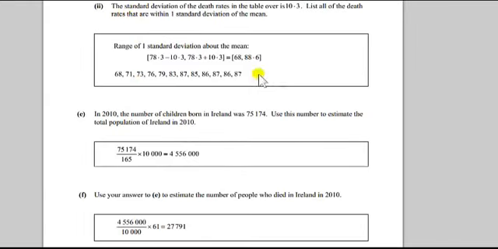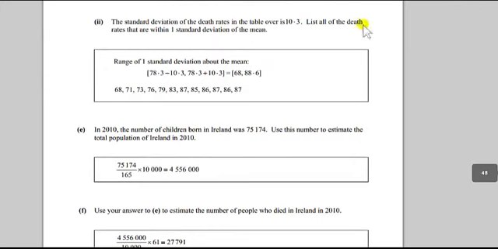The standard deviation of the death rates in this table is 10.3, and we want to list all of the death rates that are within one standard deviation of the mean. So the mean is 78.3, so we want to list all the death rates that are values that are 10.3 units below 78.3 or within 10.3 units above 78.3.